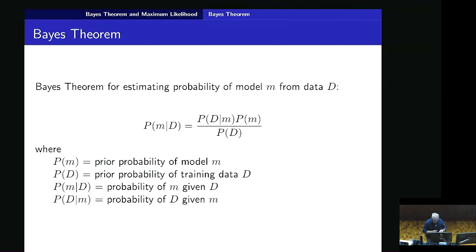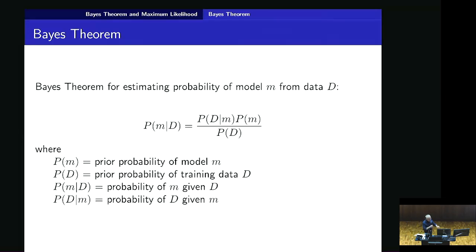Now, I wanted to finish by motivating maximum likelihood. There are a bunch of things that I'm going to go through quite quickly, but they're pretty straightforward, and I believe you'll probably have seen things like this before. Maximum likelihood is a special case, as I said before, of Bayes' theorem. In machine learning, we have models and data, and we write Bayes' theorem like this: the probability of the model given the data is equal to the probability of the data given the model, times the probability of the model, over the probability of the data.